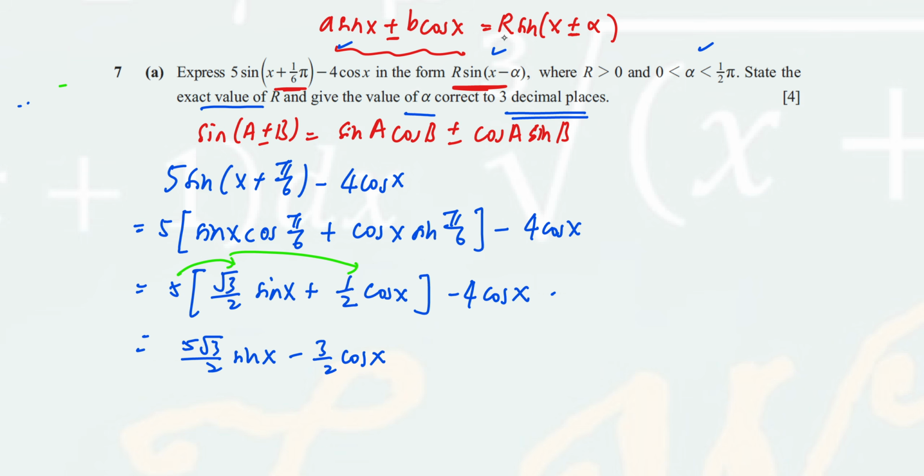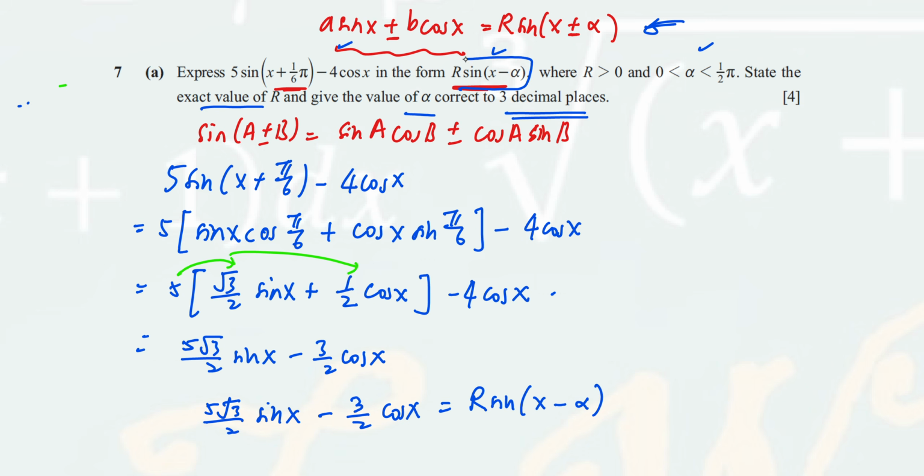Once you have obtained this, you can express in the r sine x minus alpha form. So I will write 5 root 3 over 2 sine x minus 3 over 2 cos x is going to be r sine x minus alpha, because that is the requested form.